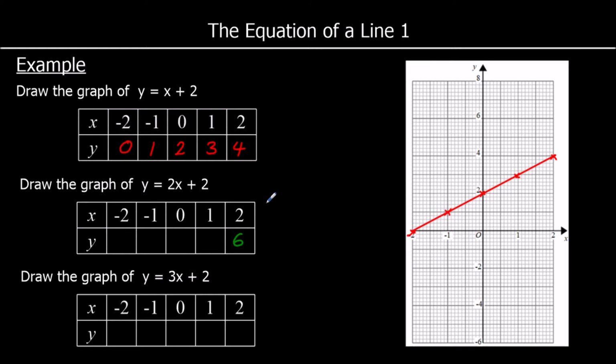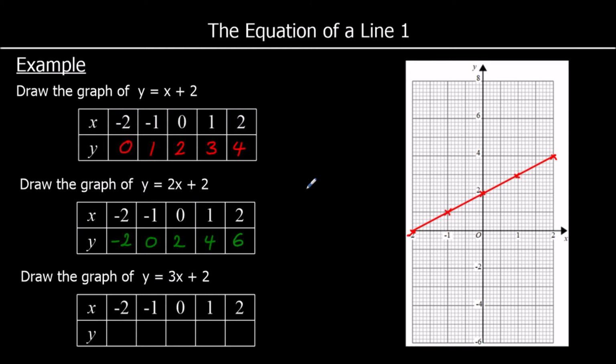Substituting in positive numbers is easier than substituting in negative numbers. 2 1's are 2, plus 2 is 4. 2 0's are 0, plus 2 is 2. And you can see a pattern. 2 negative 1's are negative 2. Negative 2 plus 2 is nothing. And 2 negative 2's are negative 4. Plus 2 is negative 2.